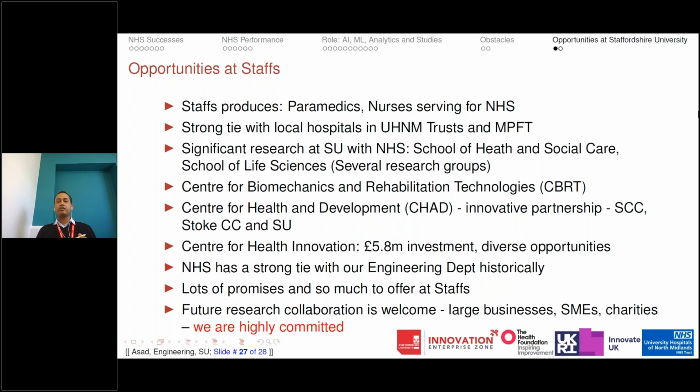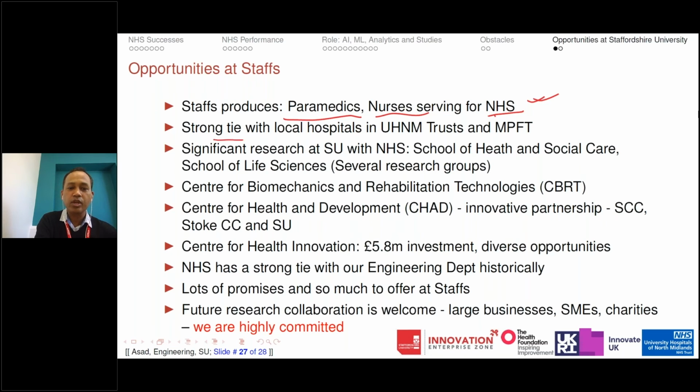As a higher education institute like Staffordshire University, what can we offer? Well, we can offer a lot. We have paramedics and nursing degrees, which are highly reputed. So we have been producing a huge number of workforce for the NHS, and hence we are contributing to the NHS in a significantly better way.